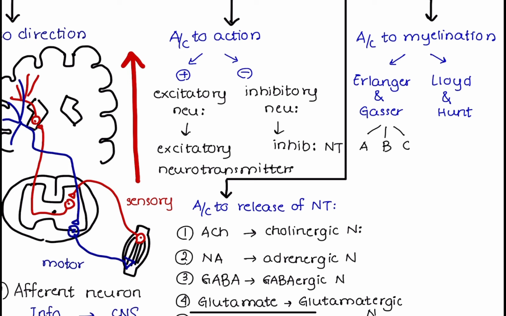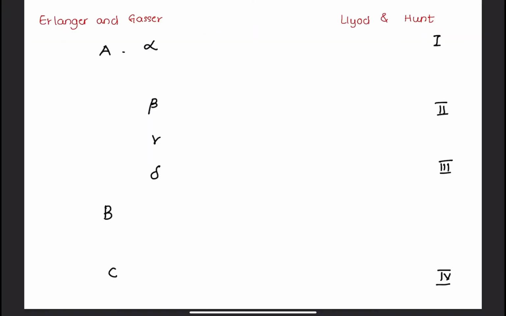Erlanger grouped the fibers into A, B, and C, and further subdivided into alpha, beta, gamma, and delta fibers. However, Lloyd uses Roman numerals like 1A, 1B, 2, 3, and 4. Let's get into details about these two classifications.